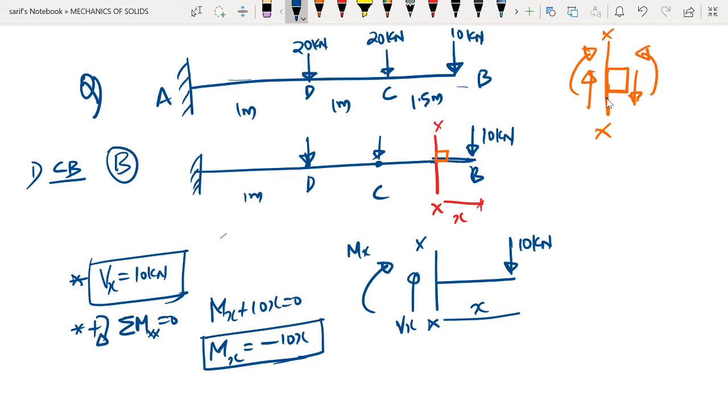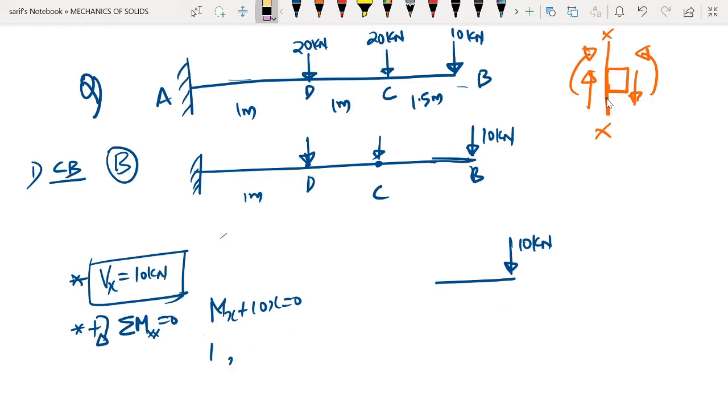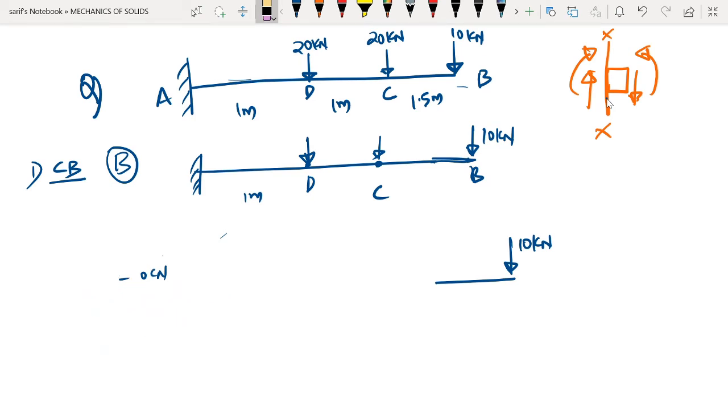For the second region, we will be considering a section XX in the region DC.